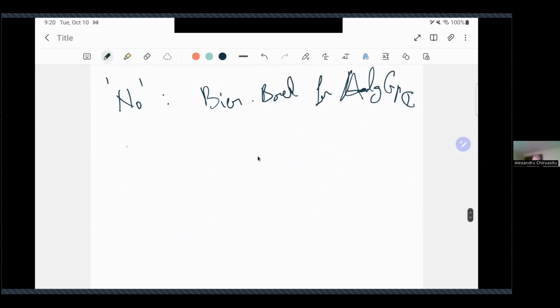An example of an epimorphic morphism, it's a family of examples. An inclusion of a Borel subgroup.